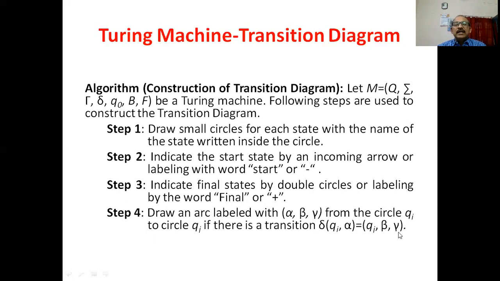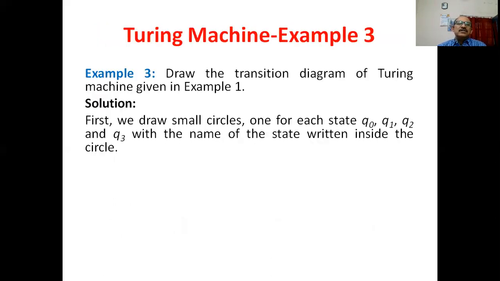This way we can make an arc between two states of the machine. We repeat step 4 for each transition function. We get a directed graph, and this directed graph is called a transition diagram.